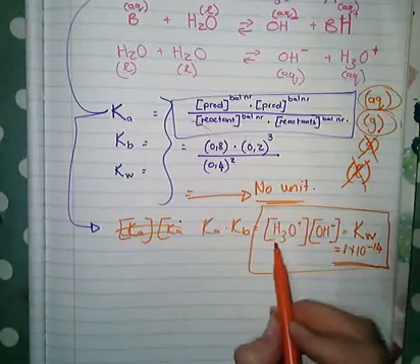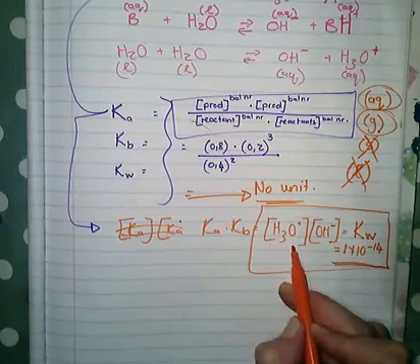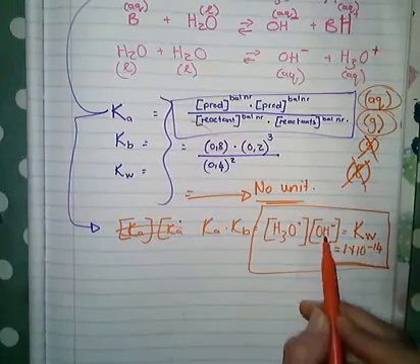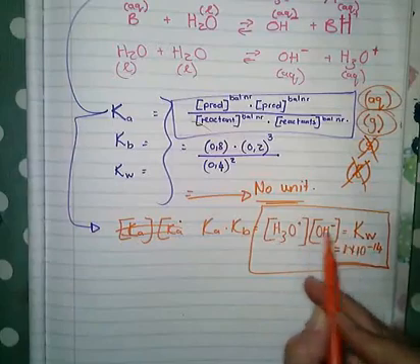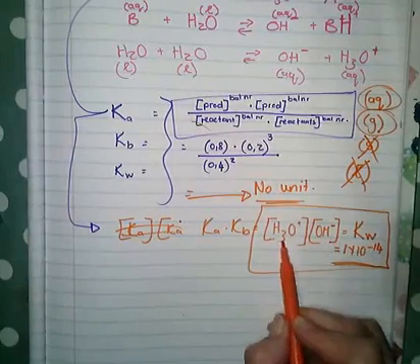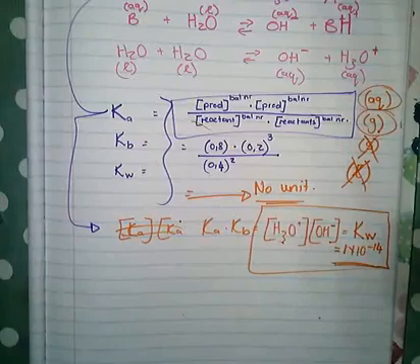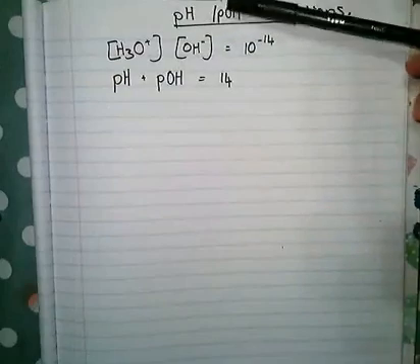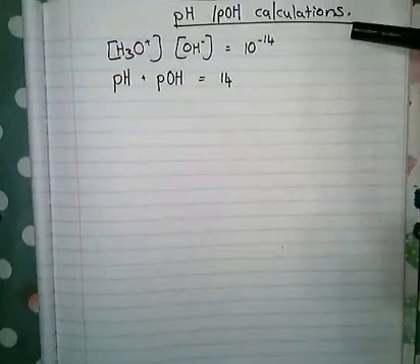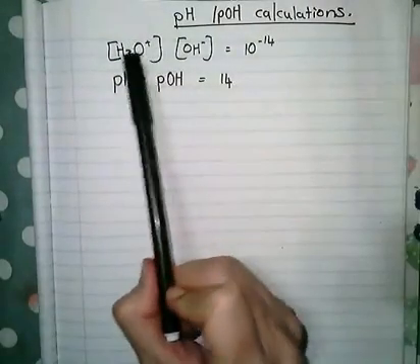So we just said the hydronium ion concentration multiplied by the hydroxide ion concentration will always give us 10 to the power of minus 14. So if in a certain acid-base reaction we have this one, but we need this one, we can use this formula to determine the unknown.